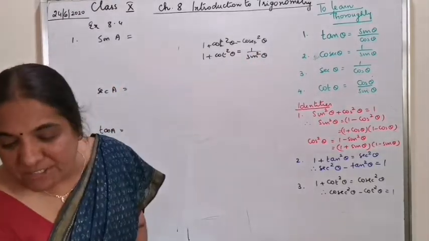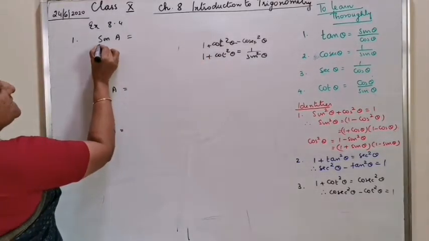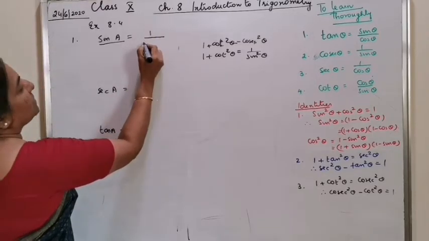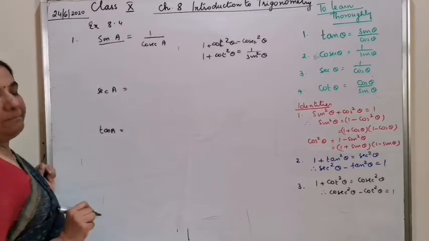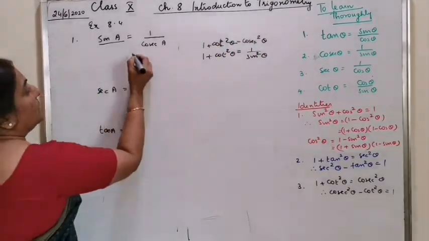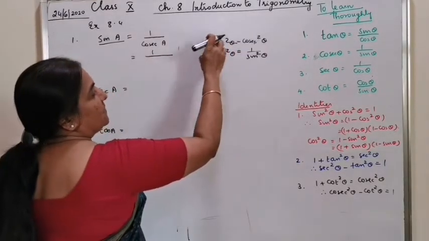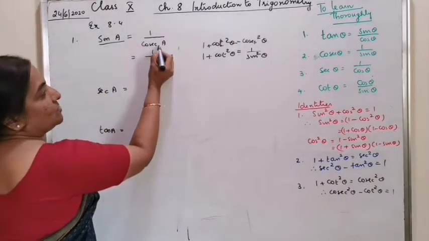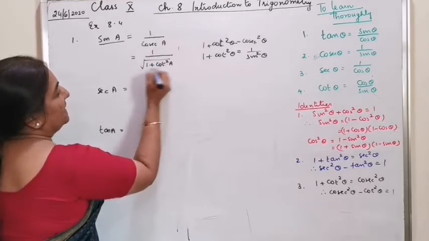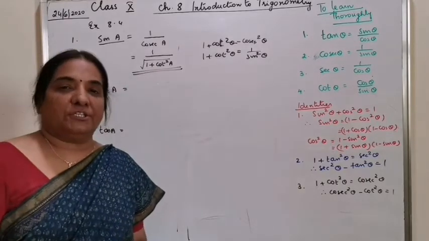If the ratio has to be expressed in terms of cot theta, express sin A as 1 by cosec A, because cosec theta is related with cot theta. If cosec square theta is 1 plus cot square theta, cosec A is the same as square root of 1 plus cot square A. That means the sine ratio has been expressed in terms of cot.